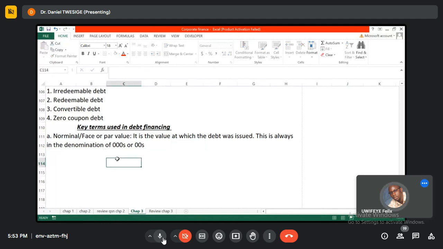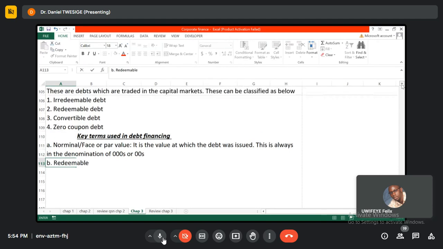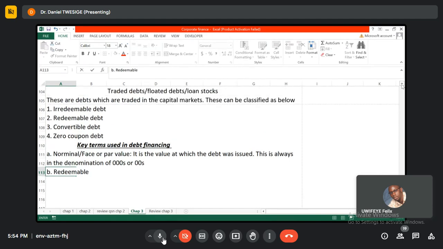Then number 2, or what we call B in our key terms, is what we call redeemable value.